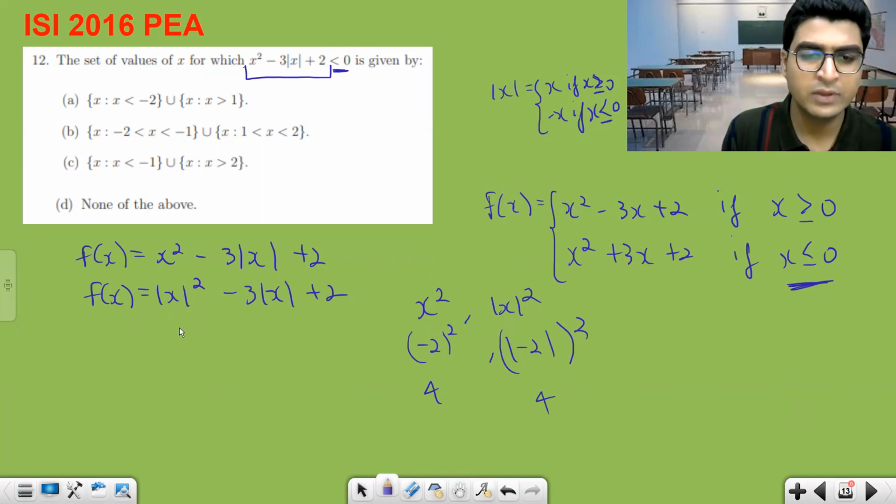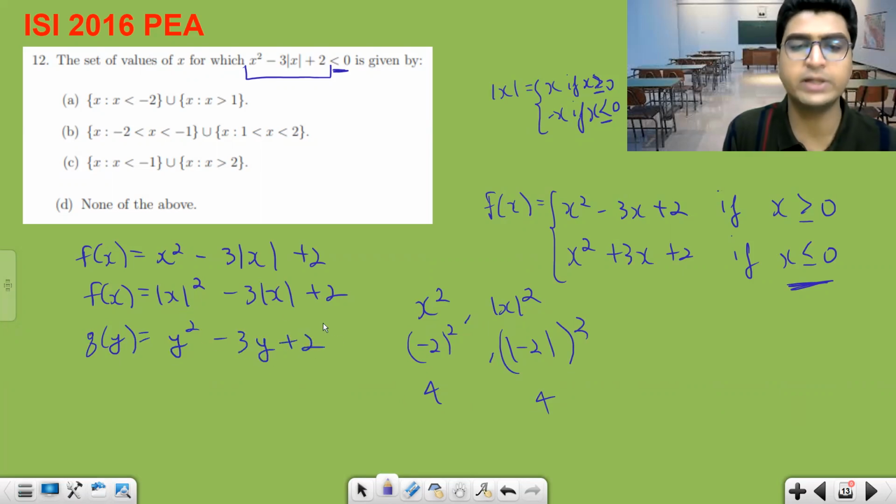So now what I can do is let me call mod x be equal to y. So g of y, I am renaming this function, will be y square minus 3y plus 2, where this y is equal to mod x.